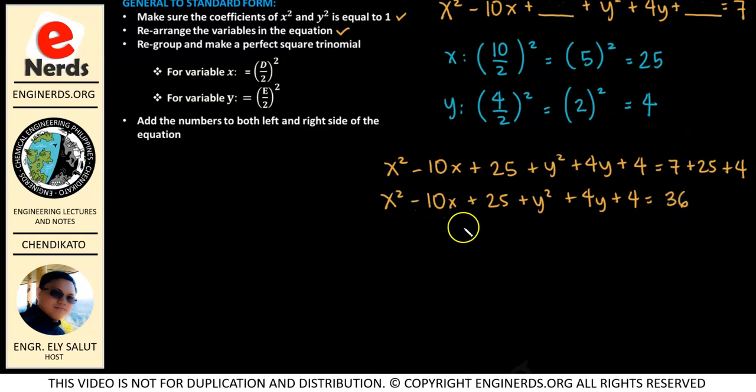Okay, so now, we added this, okay, itong mga constant natin para makagawa tayo ng perfect square. We already have a perfect square here now, okay, dahil sa nakuha nating mga constant. So, how are we going to do that? X squared minus 10x plus 25 is a perfect square trinomial. And this is equal to, okay, so, papakita ko sa inyo paano siya makukuha. So, this is x squared minus 10x, no? So, we will have x here. Then, kung ano yung sign ng ating coefficient ng x, that will be the sign that we will have here.